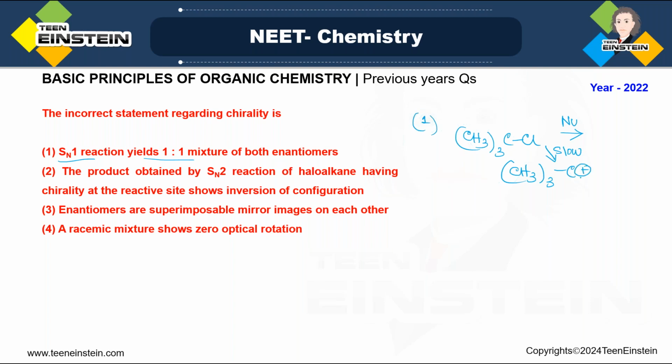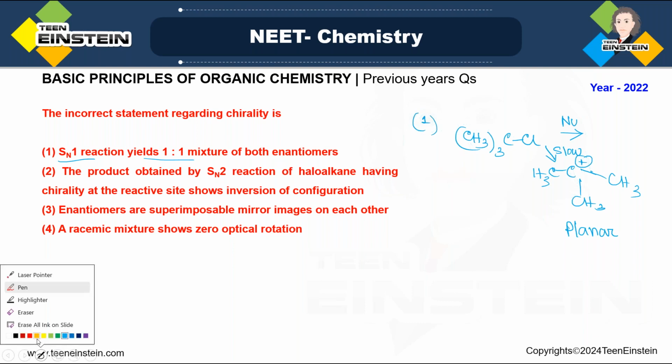So here we are getting a positive charge over carbon, and this carbon is attached to 3 methyl groups, and then there is nucleophile attack. It is not directly attacking. Now we have some positive charge over carbon, which is basically our carbocation, and this carbocation is planar because it is sp2 hybridized. Now the nucleophile can attack from both sides.